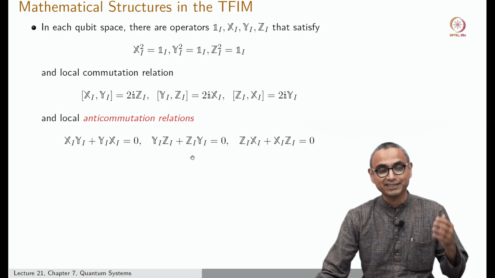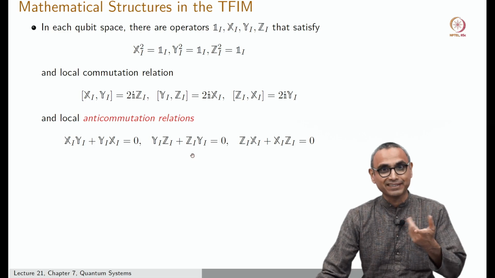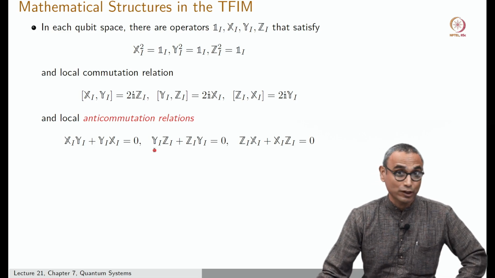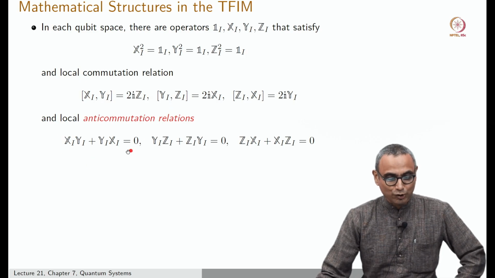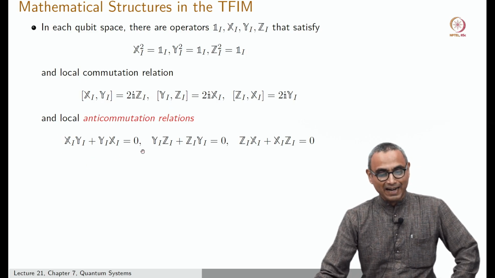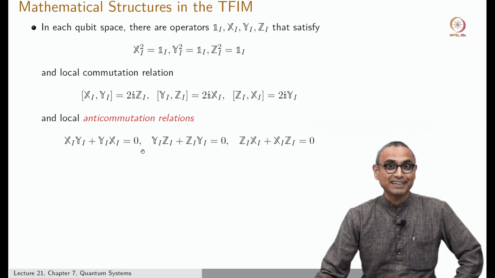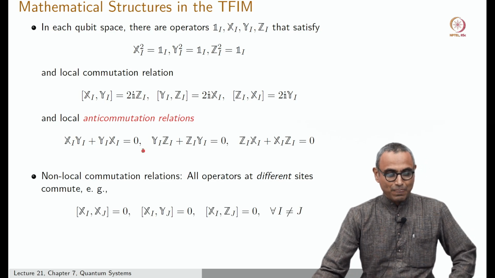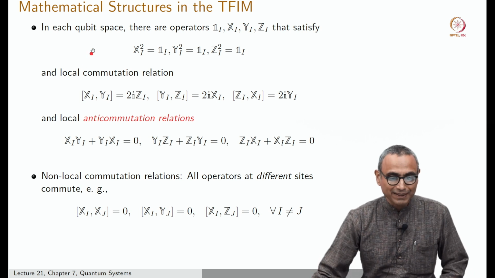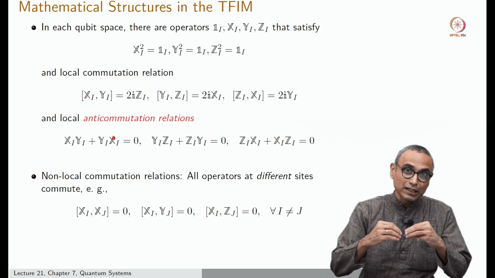Remember, anti-commutation is multiply one way and add the opposite order of multiplication. Add, not subtract. Subtract would be commutation. So this will add up to 0, which means that they anti-commute. Okay, so this is what happens at a single qubit.